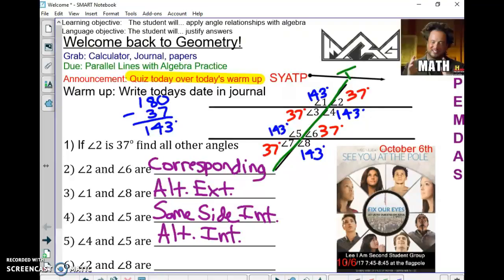And then 2 and 8. 2 and 8 are exterior. They're outside the parallels, and they're on the right side of the transversal, so they are same side exterior.